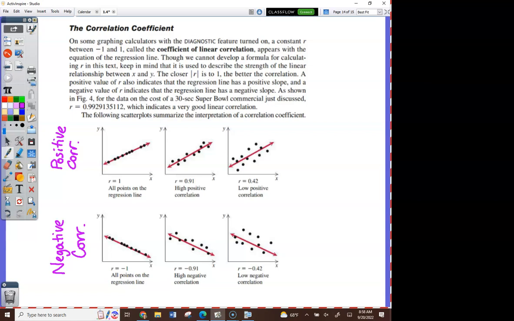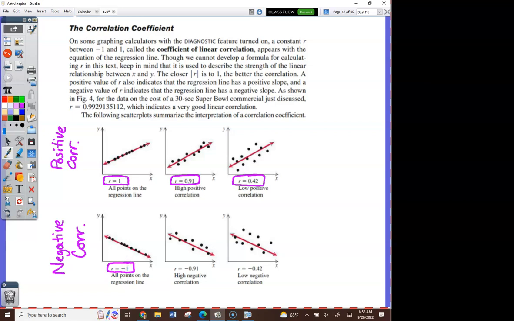Then if you look underneath the pictures, they're telling you what the actual correlation coefficient was. So like in this case, R is 1. Well, that makes sense because every point in that data looks like it's on the line. Here, R is 0.9. Here it's 0.4. Here it's negative 1.